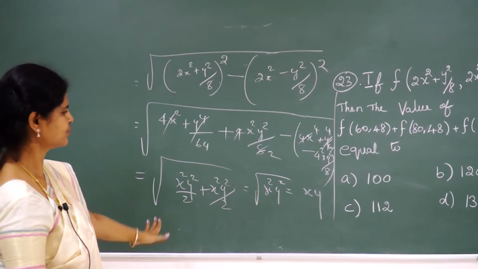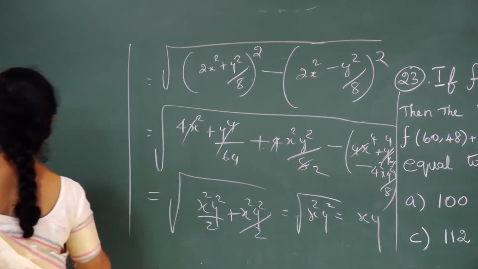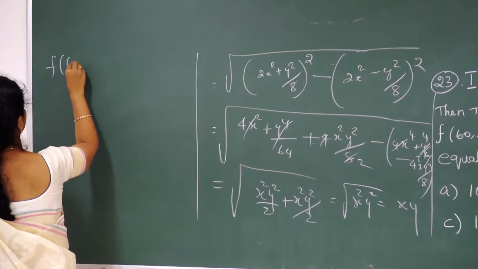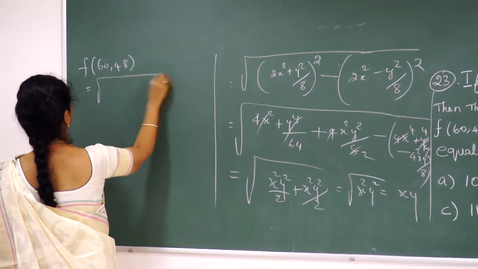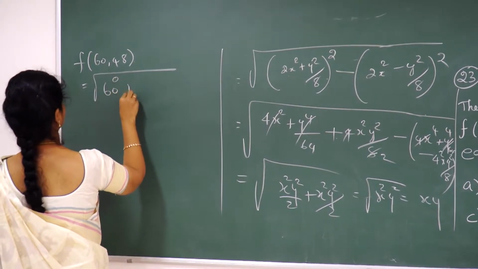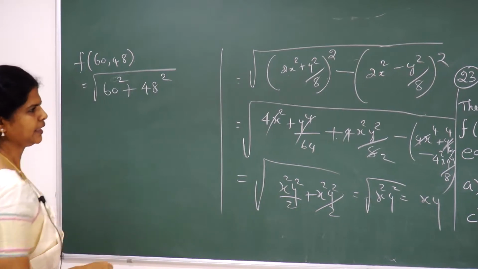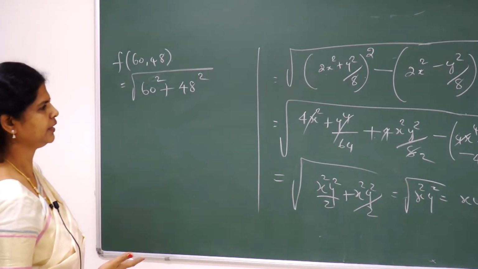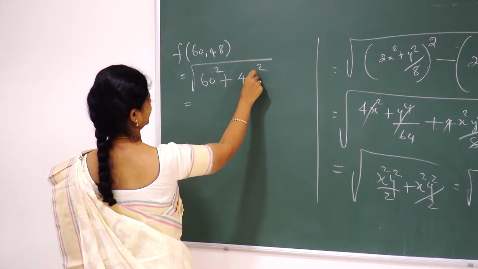So using this formula you find f of 60 comma 48, which is nothing but the square root of 60 square plus 48 square. Use the calculator or calculate manually: you get 3600 plus 48 square.